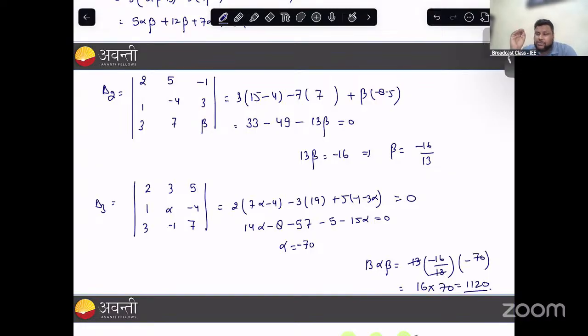Solve them very slowly, judiciously, because there is a huge chance of making a mistake. That is why I'm saying do them very slowly. The answer will certainly come, that is for sure.